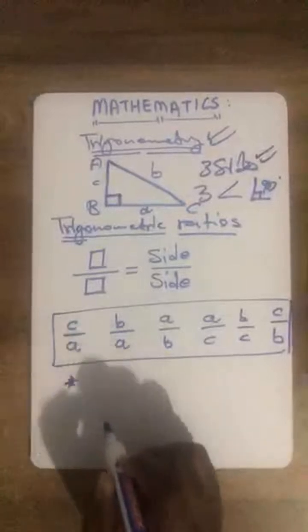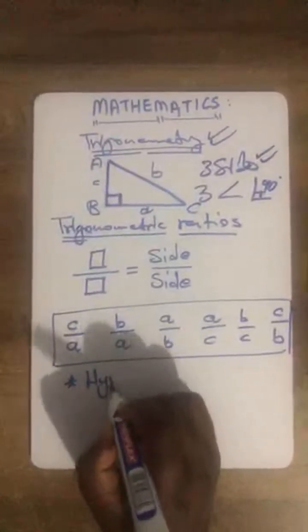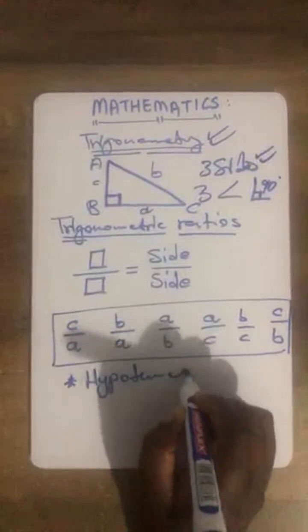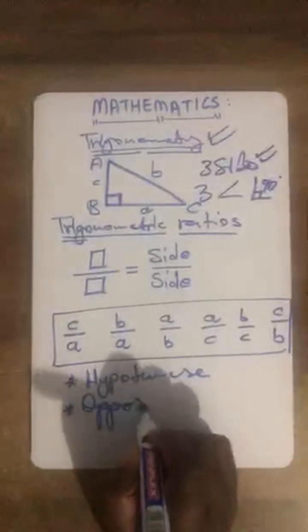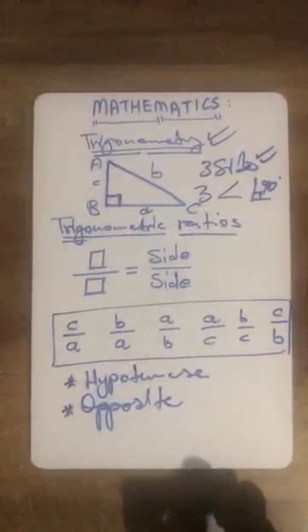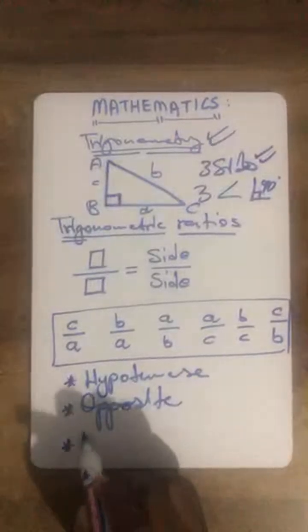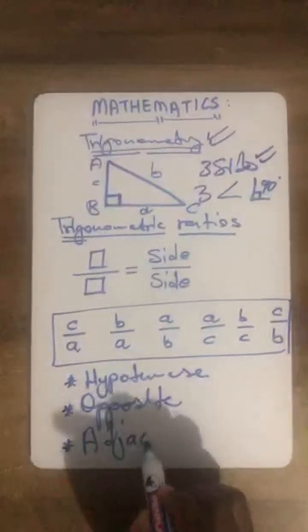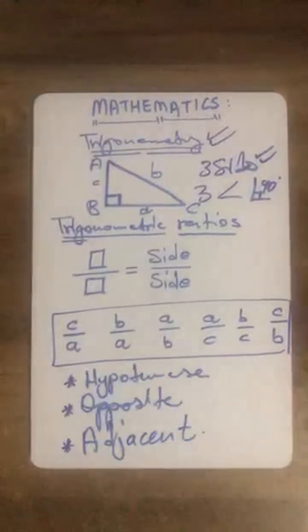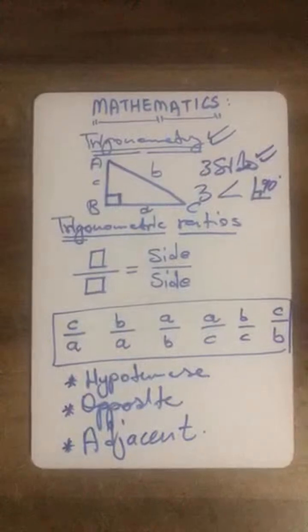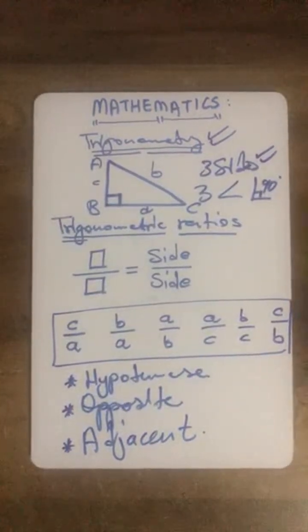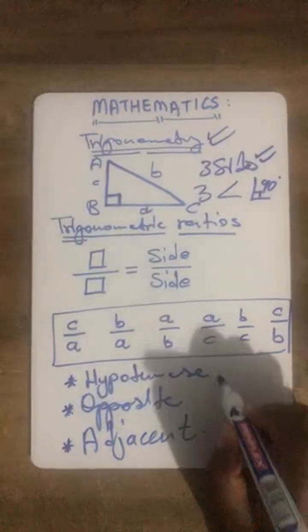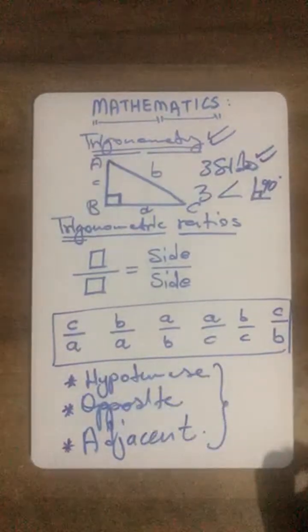One can say hypotenuse. Another one says opposite. Another one said adjacent. These 3 honorable members had to decide which side is which.